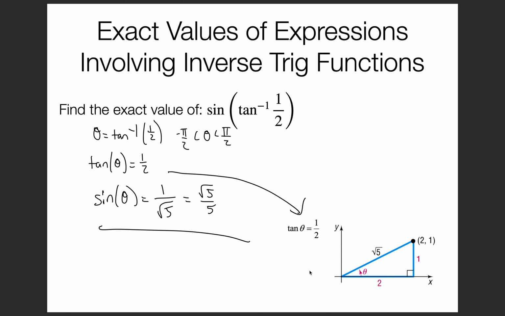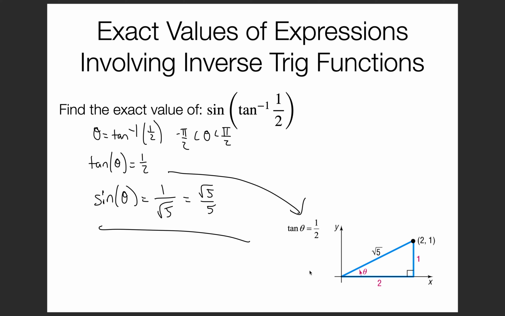But really, I'm using that theta equals stuff to just get rid of the inverse tangent, or the inverse whatever, because I don't know how to work with them very well. So I need to get rid of them in some way. And so here I set the inside inverse function equal to theta. Then I have theta equals the inverse tangent of 1/2. And from the last video, we know how to work with that.